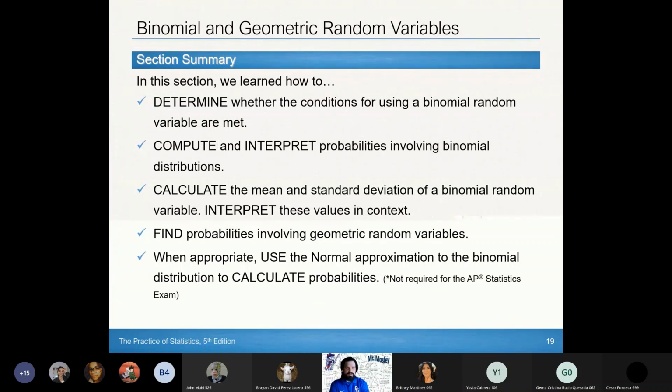We can find probabilities involving geometric random variables, and we discussed the possibility of using a normal approximation with a binomial distribution to calculate probabilities. There's the 10% and large counts condition that we need to check for. And that brings us to the end of our slideshow.